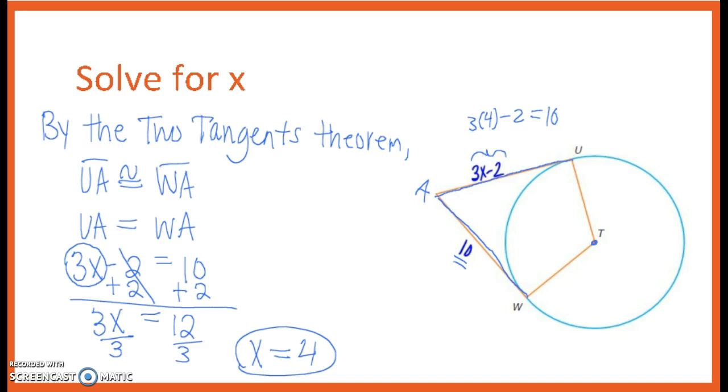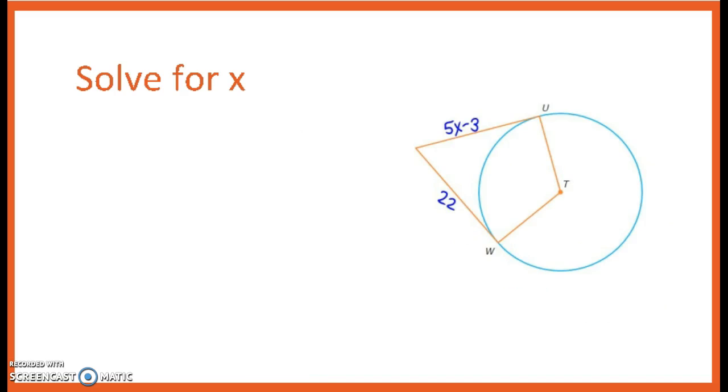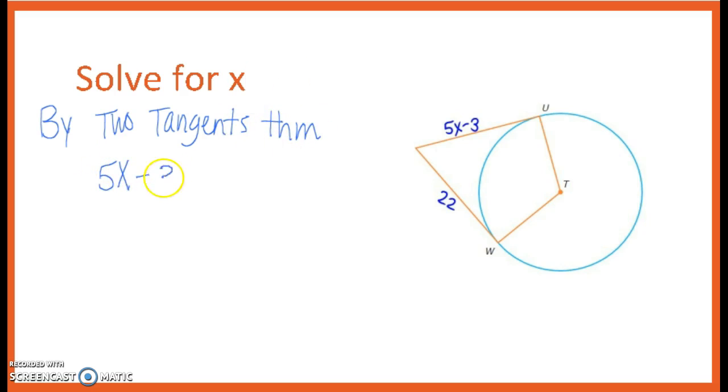Let's try another one. So here we want to solve for x. Again, we have the same diagram, just different expressions. So again, by the two tangents theorem, we can say that 5x minus 3 must equal 22.